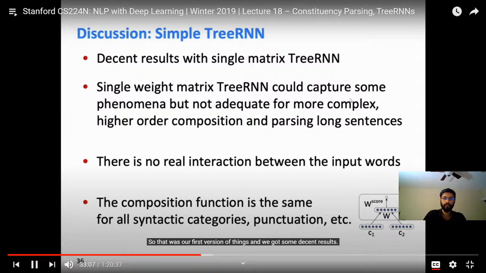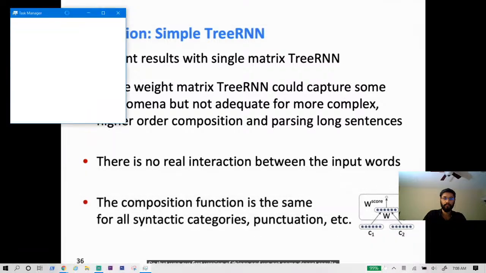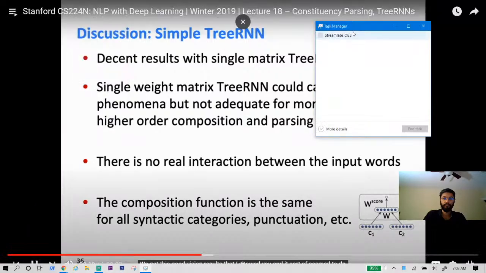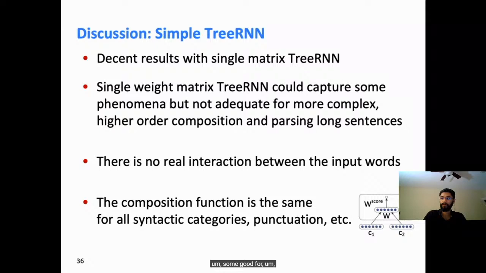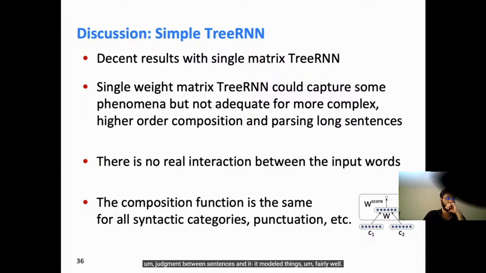So that was our first version of things, and we got some decent results. We got those good vision results that I showed you, and it seemed to do some good for language, both for parsing and for paraphrase judgment between sentences, which I haven't included here, and it modeled things fairly well.